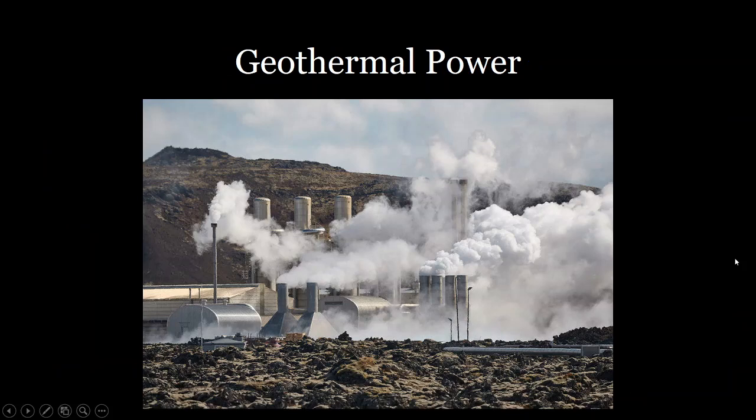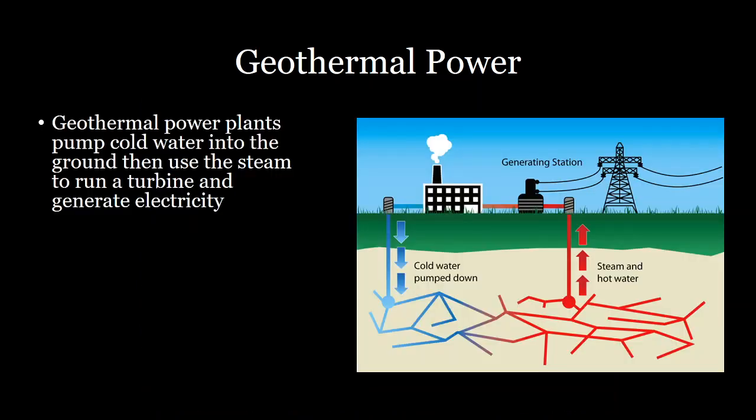All right, so the last thing that we're going to be talking about today in terms of hydrothermal topography is geothermal power. Geothermal power is definitely an important energy source, a renewable energy source, and so it's important to know how it's made and how significant it is.